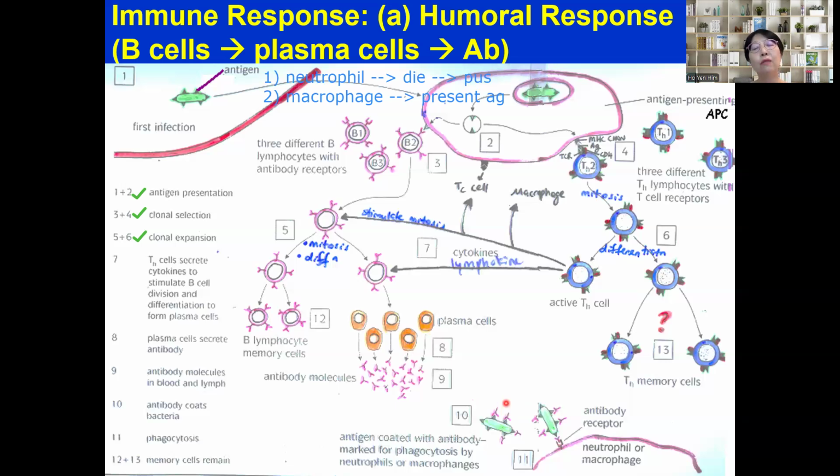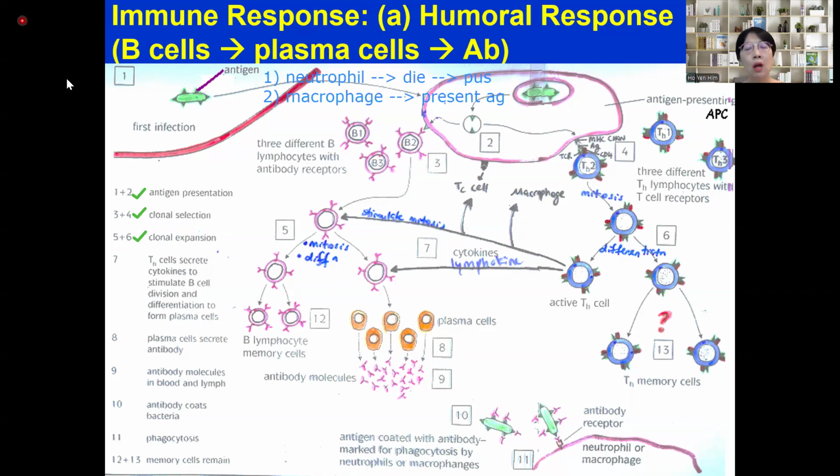Then how does the failure of this immune response lead to the person being ill is the second part of the answer. So if you have talked about, oh, this immune system is weakened because of all these steps, you cannot get full marks yet because the question asks you to tell them why the person can be ill because of weakened immune response.